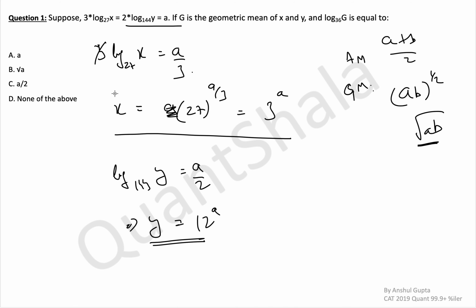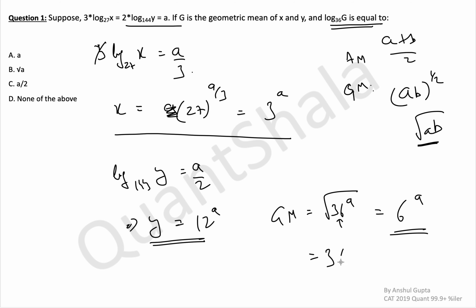So what is the geometric mean of x and y now? 3 raised to power a multiplied by 12 raised to power a, which comes out to be 36 raised to power a. So geometric mean is under root of 36 raised to power a, or you can say 6 raised to power a. So log 36g is what they're asking us for. So let's keep the base to 36. That will be easier.